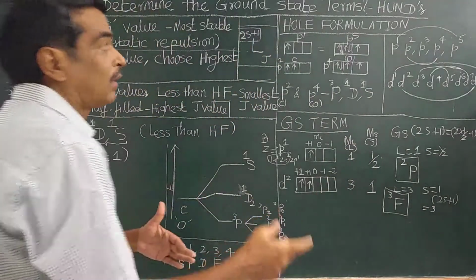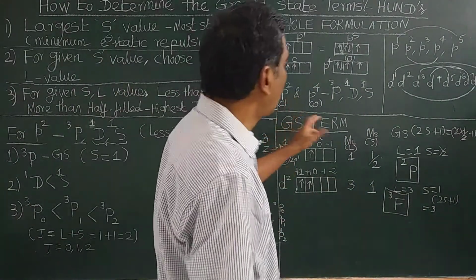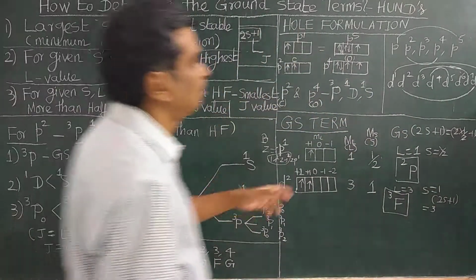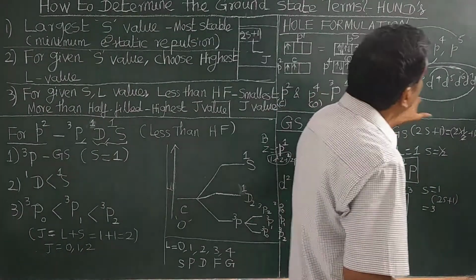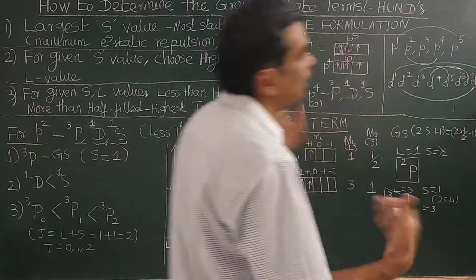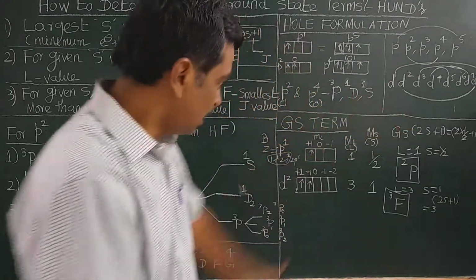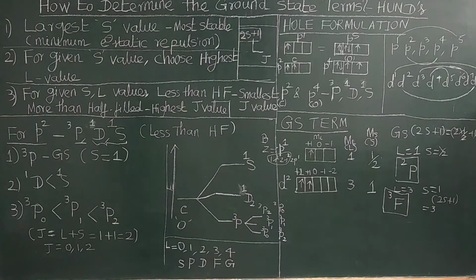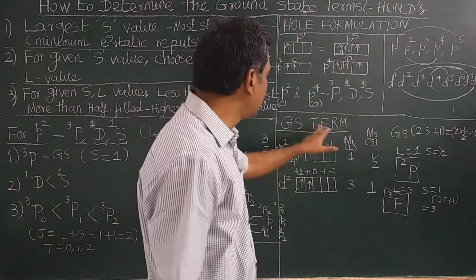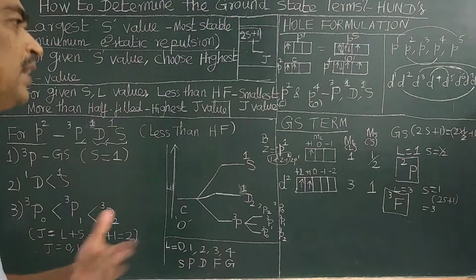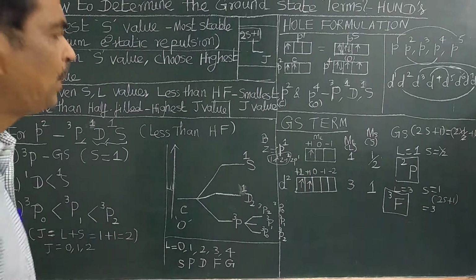So they are related. Once you know the D1 state, D9 is also the same. So you can simply write, for example, P1 and P4 have the same terms.